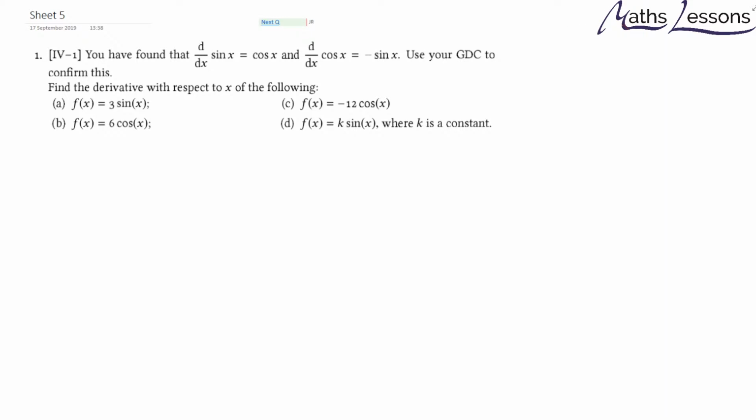So our first question we're going to have a go at should be a very straightforward differentiating sin and cos bit of revision. I'm just going to give you 2 minutes to have a go at this one.